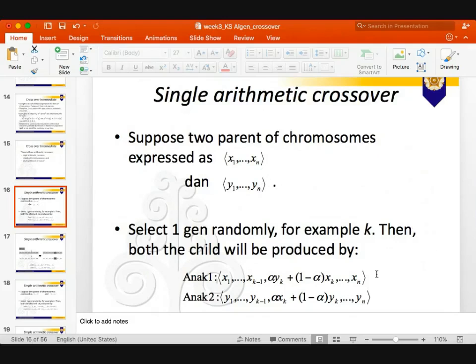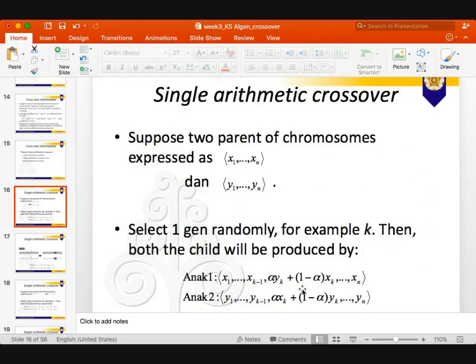The first offspring consists of locus 1 until locus K minus 1, which comes from the first parent, and locus K plus 1 until n also comes from the first parent.